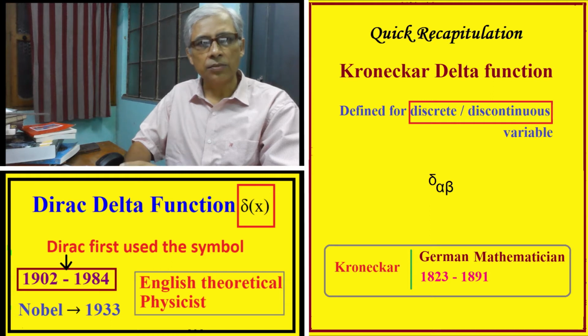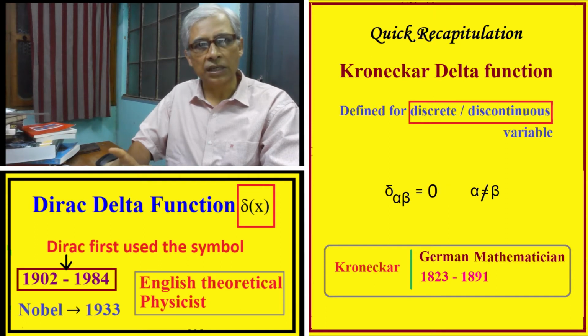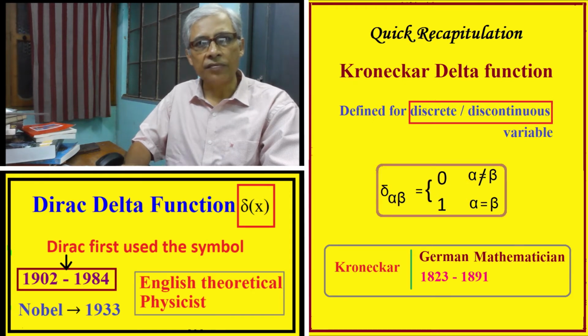Here, the variables are alpha and beta, and they occur in the suffix of the delta called Kronecker delta. If they are not equal, that is if alpha is not equal to beta, then Kronecker delta is 0. It vanishes, while if they are equal, then Kronecker delta is equal to unity.